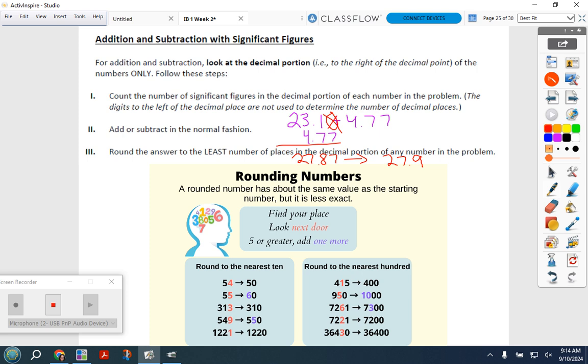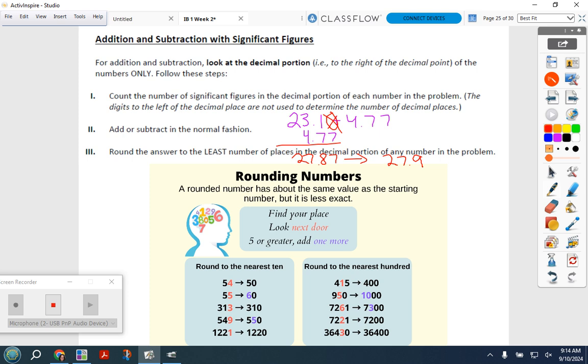Just a reminder, we're just going to use regular rounding here. There are other methods of rounding if you're going into engineering that try to avoid bias. We're not going to do any of that. We're just going to find the place that you're rounding to, look next door at the place after that. If it's 5 or greater, add 1 to your place.